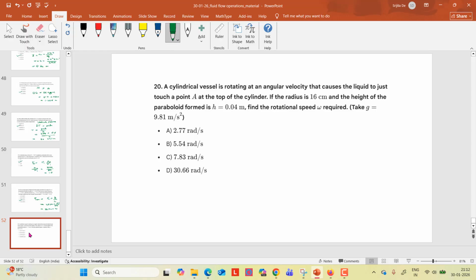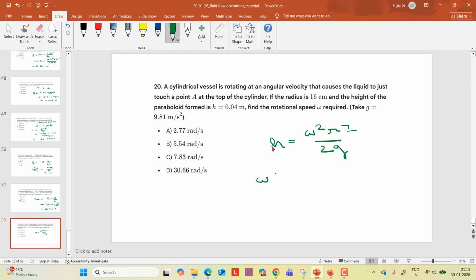Rotational, 9.81. So it is the same equation we'll be using, h equals omega square r square by 2g.